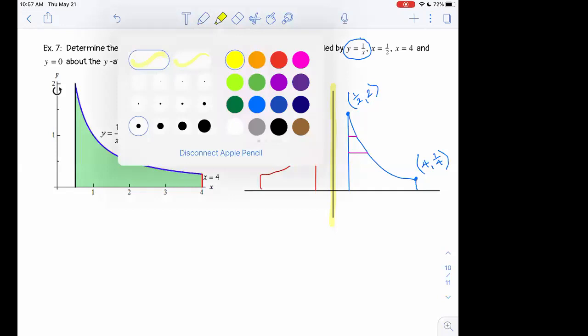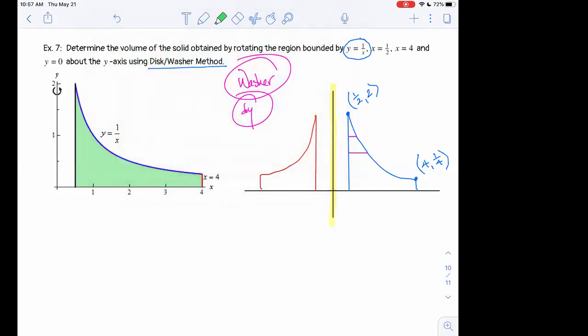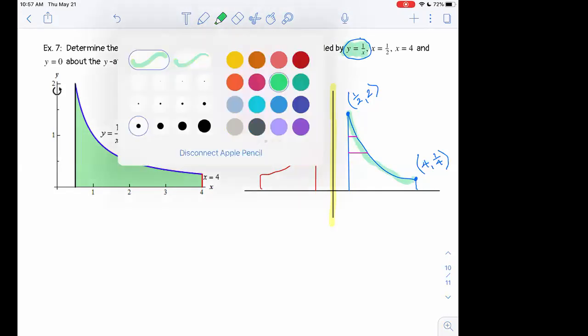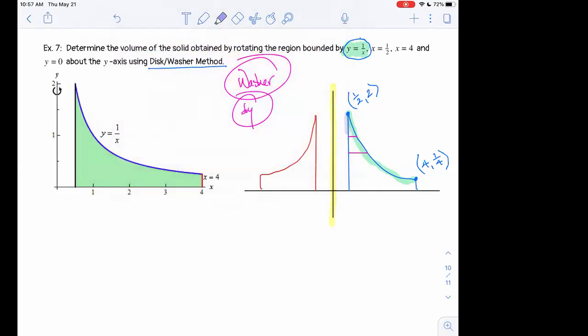So remember this color coding, I can't ever remember what colors I've used. Let's say that y equals 1 over x is this seafoam green color, and that would be my right curve, and my left curve would be this purpley kind of color. So the two pink lines I drew have the same right curve and the same left curve.